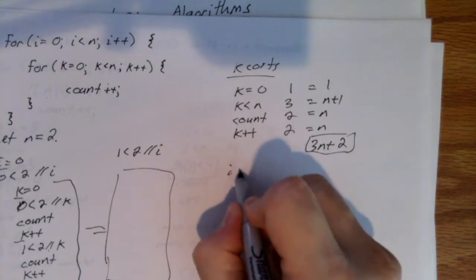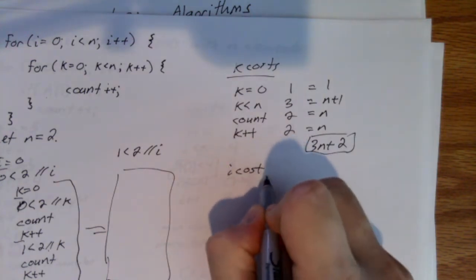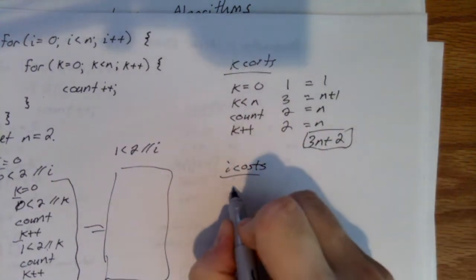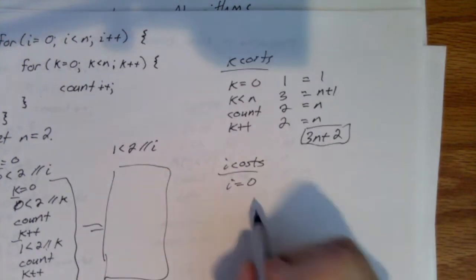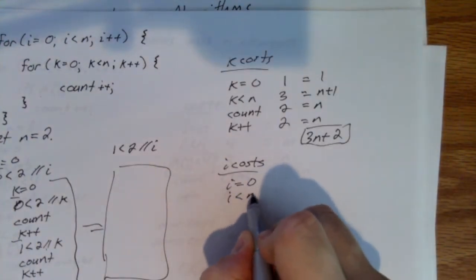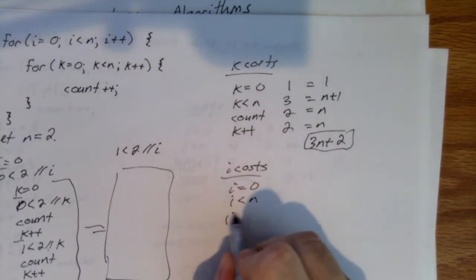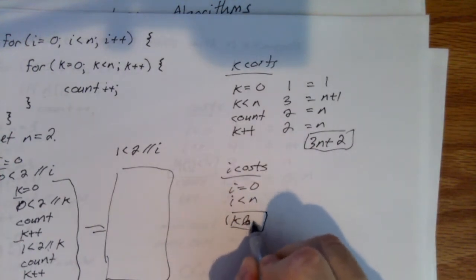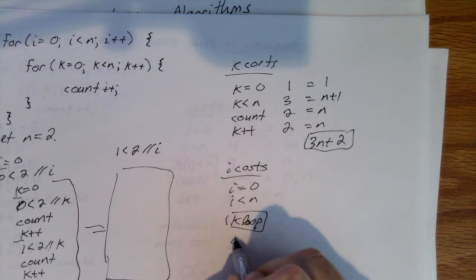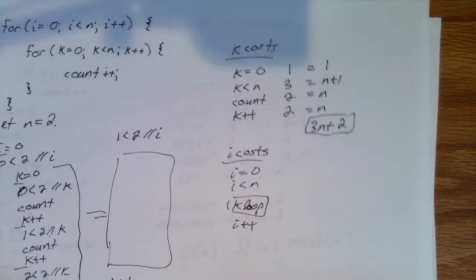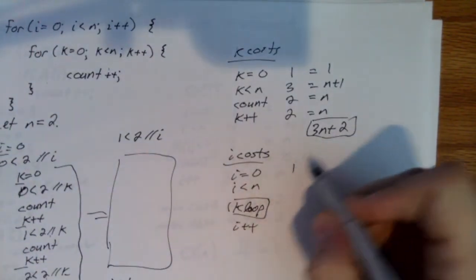What about I costs? I is equal to 0. Is I less than n? If so, then we have the K loop. I'm going to write it like this, K loop. And then I plus plus. So what happened here? This happened once.